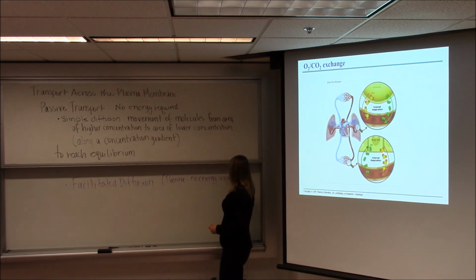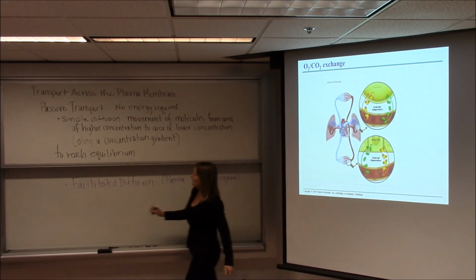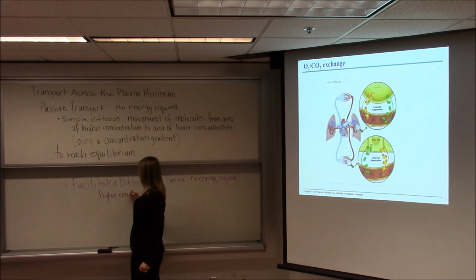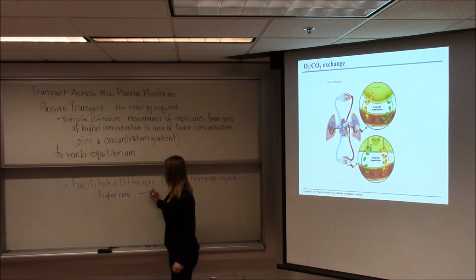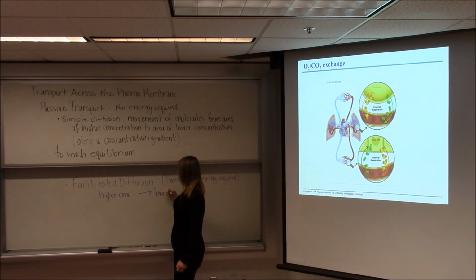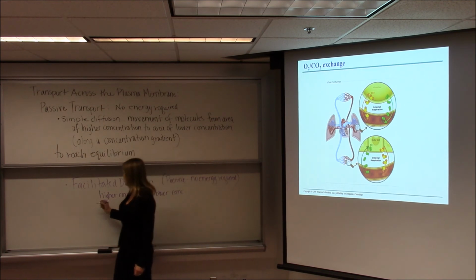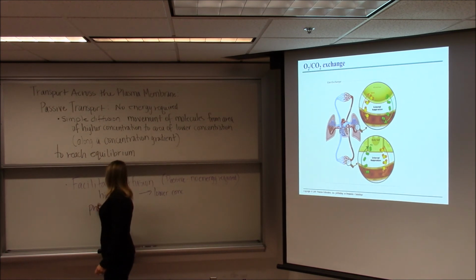Because it's also going from higher to lower concentration. So higher concentration, I'm just going to abbreviate it, to lower concentration. The difference, though, between facilitated and simple is that facilitated diffusion is going to involve a protein.